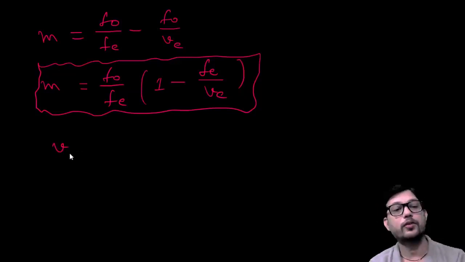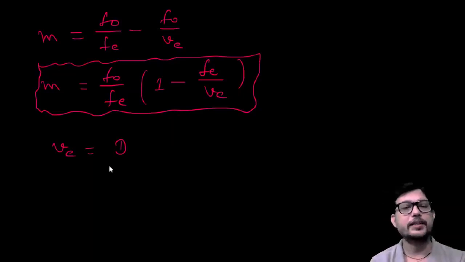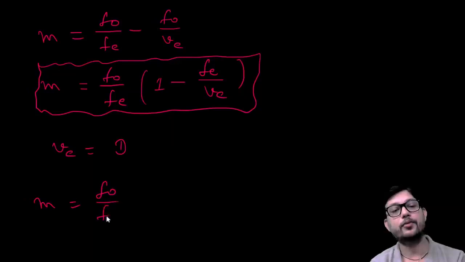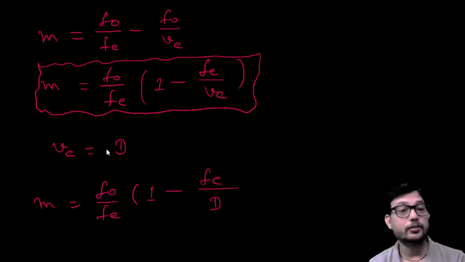It means the value of VE will be capital D. Now put the value V equals capital D, and we get the final value: m equals FO upon FE times 1 minus FE divided by D, or according to sign convention, minus D, so it will be plus FE upon D.